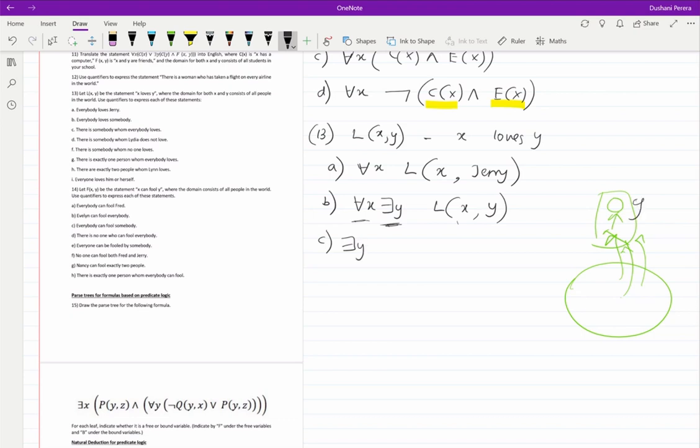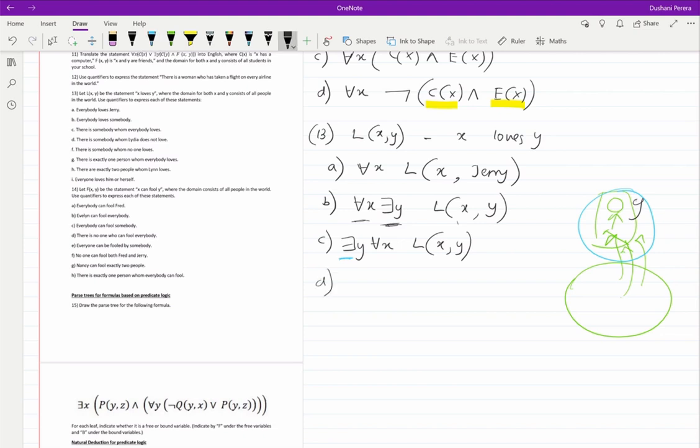This particular y should come first because he's just one person who's loved by everyone. There's some y for all x where x loves y. Whenever some is in front, whenever some y or some x or whatever, that means there's just one person who is involved with regard to everybody else.